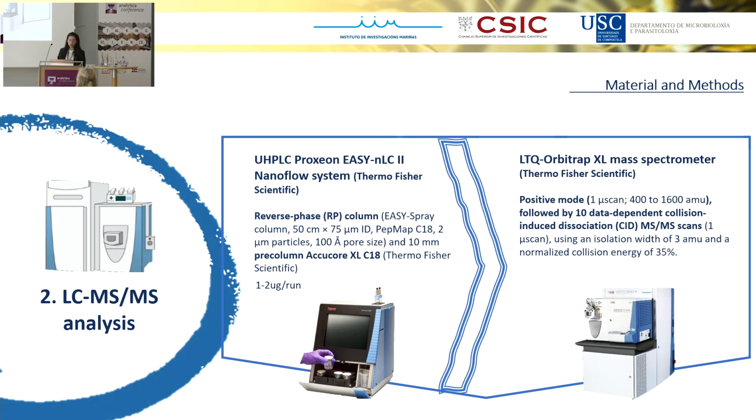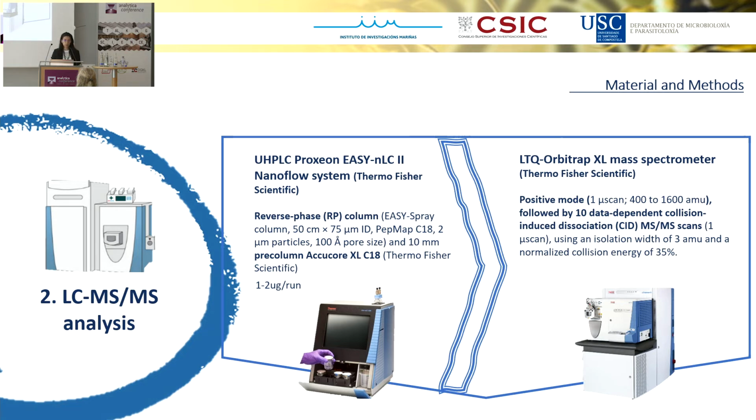Then for the liquid chromatography tandem mass spectrometry analysis, we used a UHPLC Proxeon EASY-nLC II nanoflow system from Thermo Fisher with a reverse phase column and a pre-column Acclaim PepMap C18, both from Thermo Fisher. For each sample, we used 1 to 2 micrograms per run.